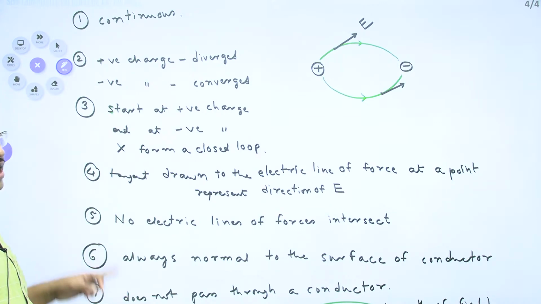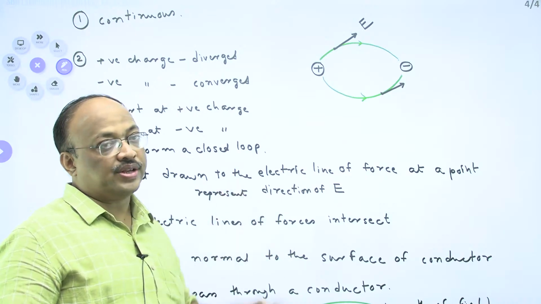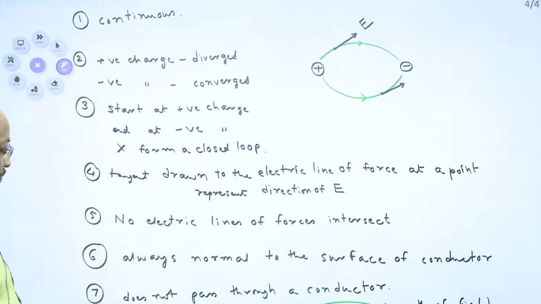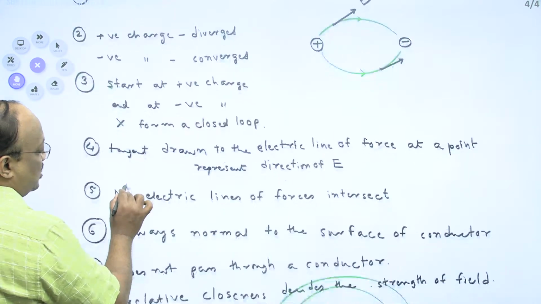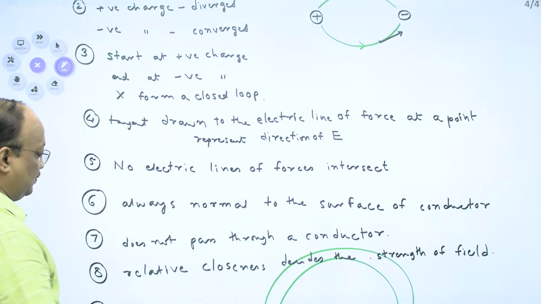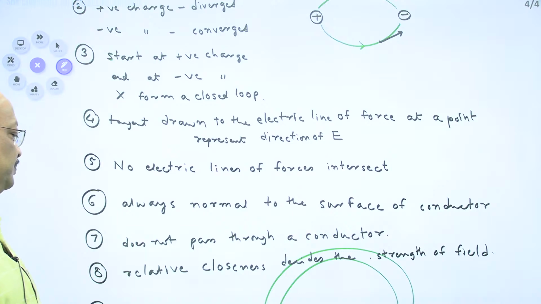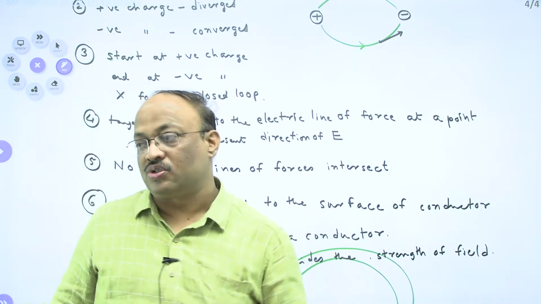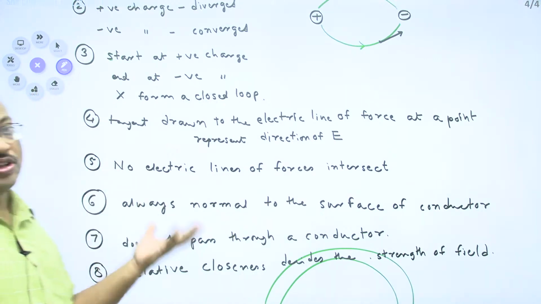Electric lines of forces are always normal to the conductor. They do not pass through the conductor. The relative closeness between the electric lines of force decides the strength of the field.